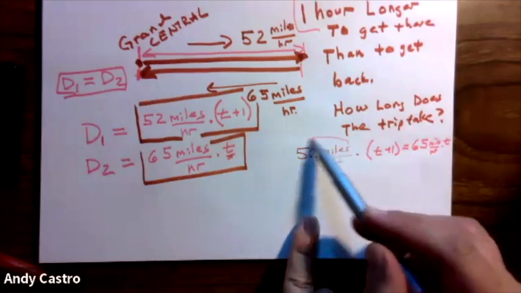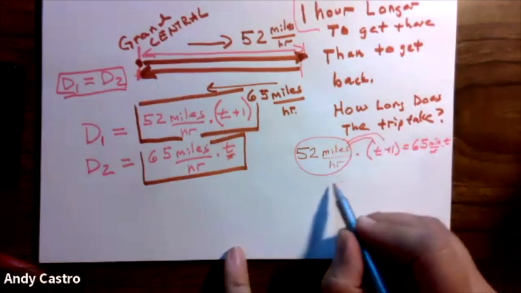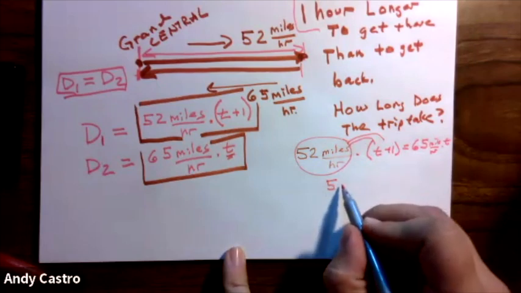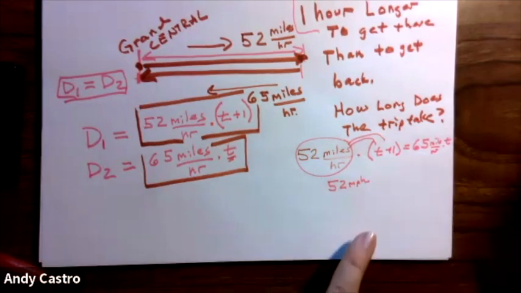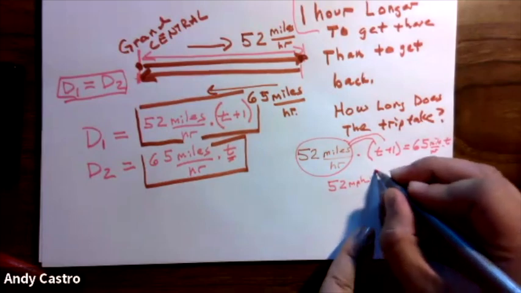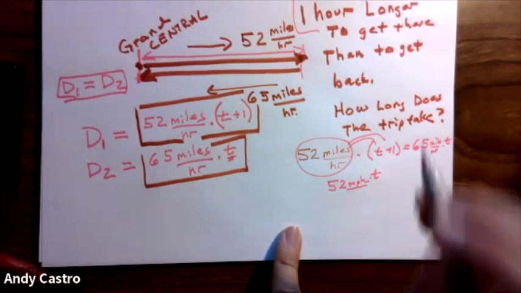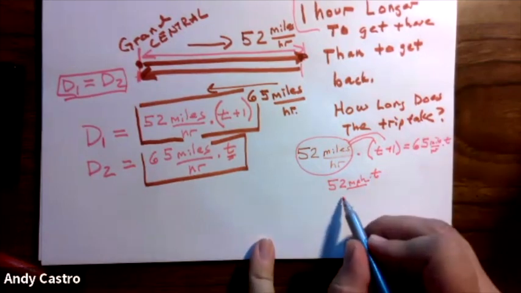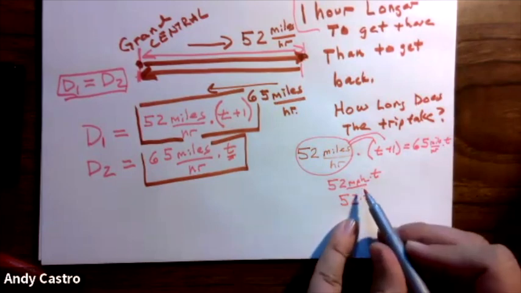Okay, so I'm going to take this 52 and multiply it in. So that's 52, and I'm just going to write MPH for miles per hour, times T. Remember, this is just a unit, so don't get that confused with T. And it's okay if you want to just do 52 times T and not have units on it.